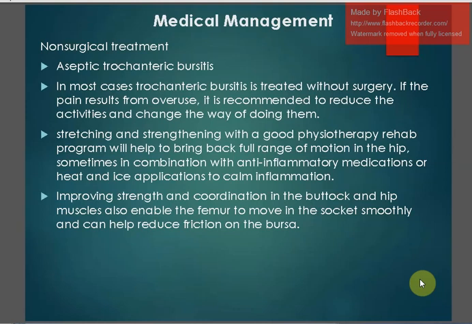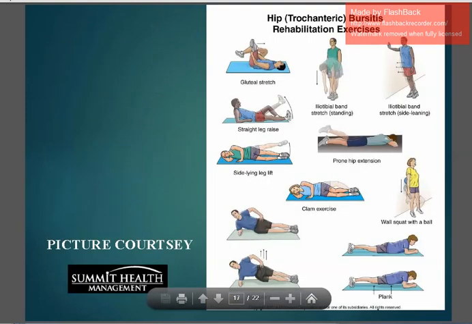And a good physiotherapy rehab program comprising stretching and strengthening will help to bring back the full range of motion in the hip, sometimes in combination with anti-inflammatory medications or also heat and ice cryotherapy to tackle the inflammation. Improving the strength and coordination in the buttock and hip muscles also enables the femur to move in the socket smoothly and can help to reduce friction on the bursa.